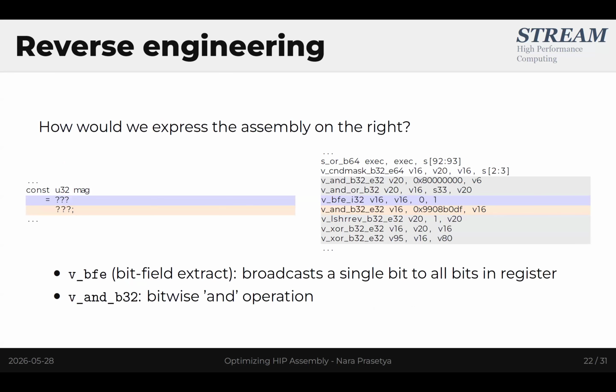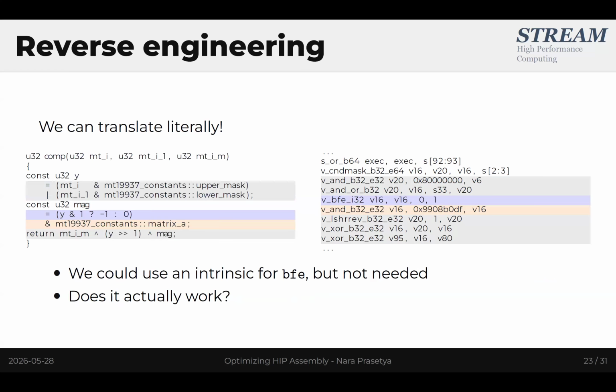So what we want to do here is basically fill in the blank. How would you write the right side here into the left side? That is quite easy. We literally do a bit field extract and then a bitwise AND. Here we use the same bitwise operator to have this bit field extract, which is basically a ternary operator: set everything to -1 if it's 1, and otherwise set it to 0.